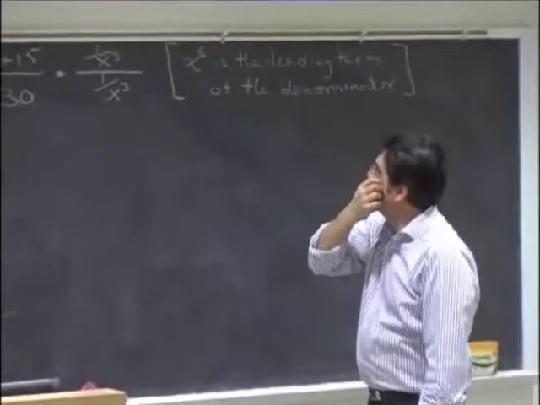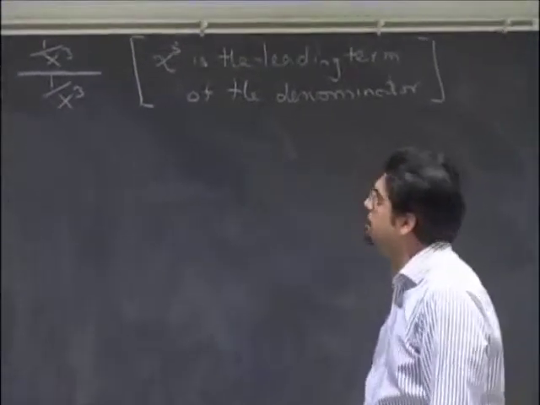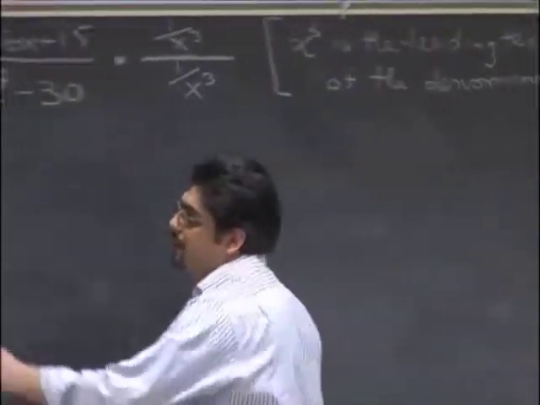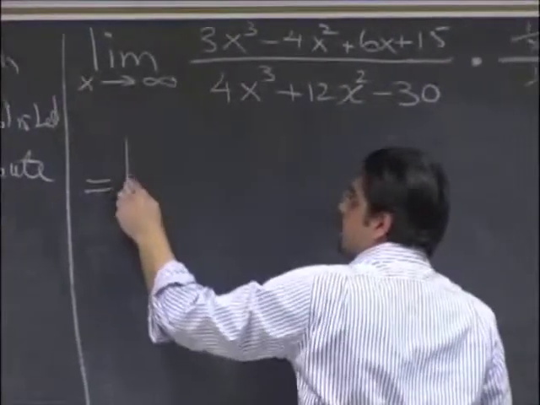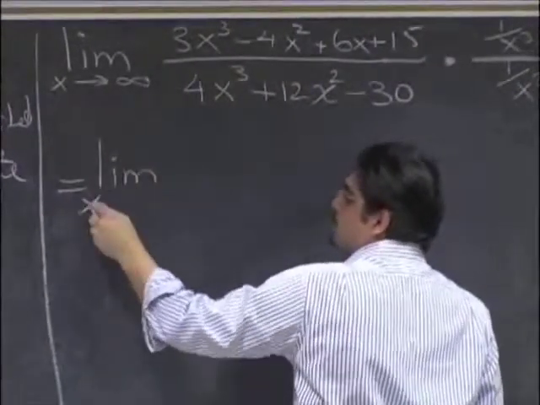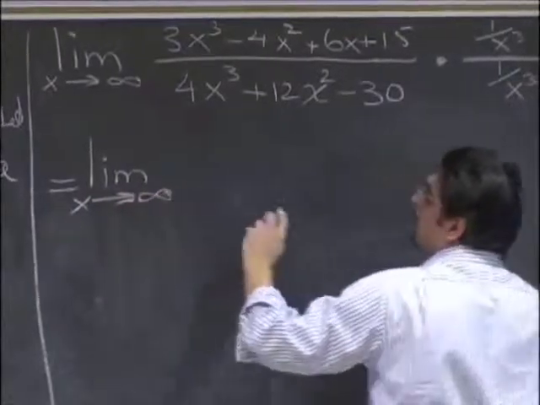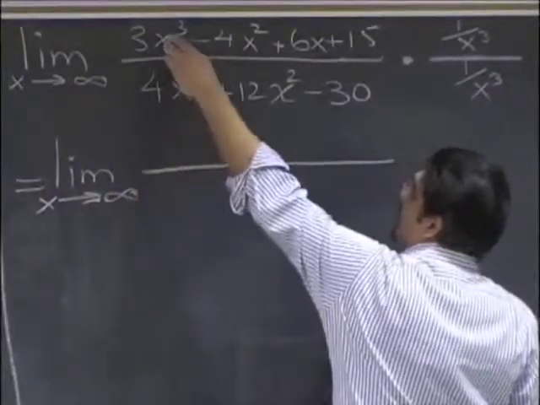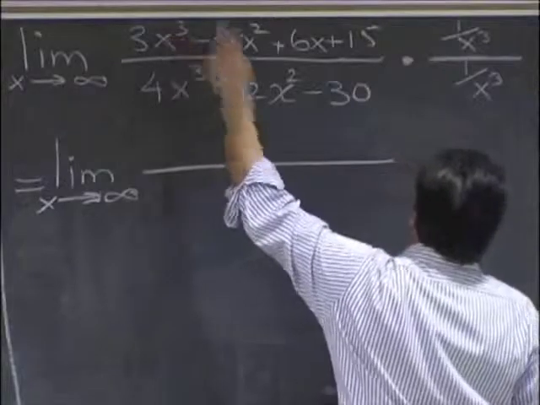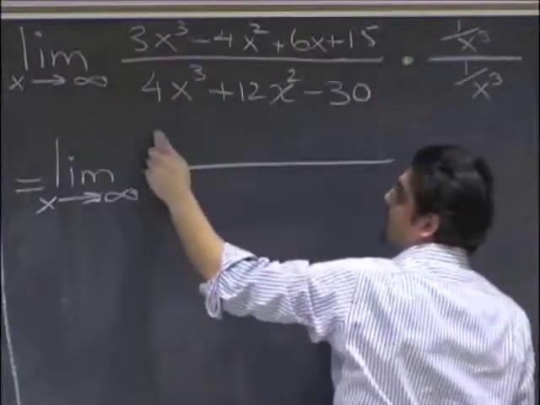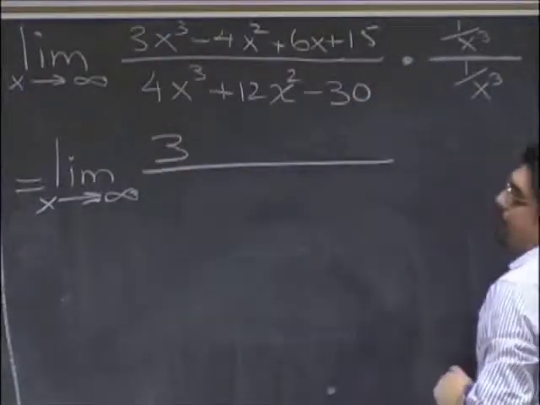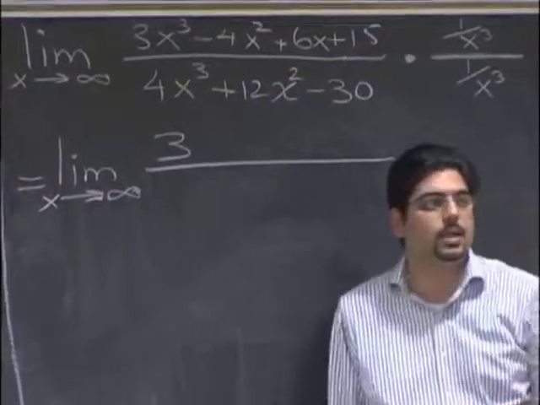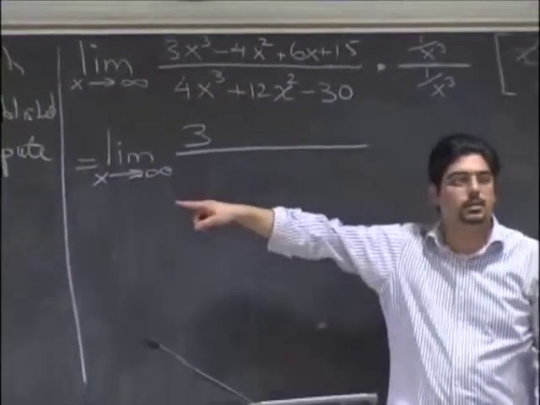And you'll see how this generates the appropriate expressions whose limits I already know. So 3x cubed times the reciprocal of x cubed is just 3. And that's good, because that's a constant, and I know the limit of a constant.